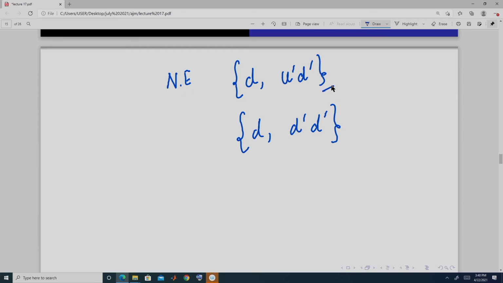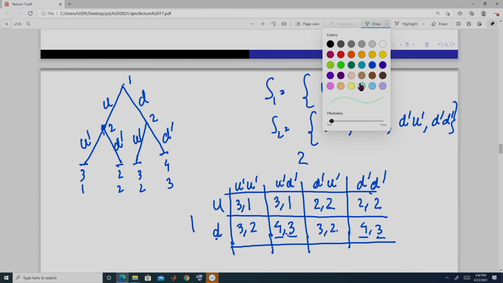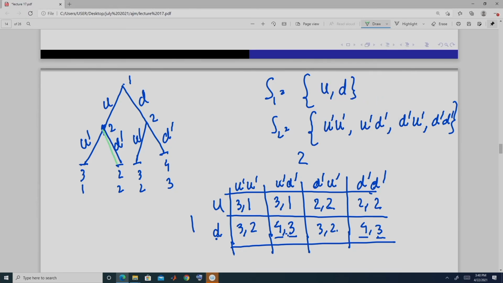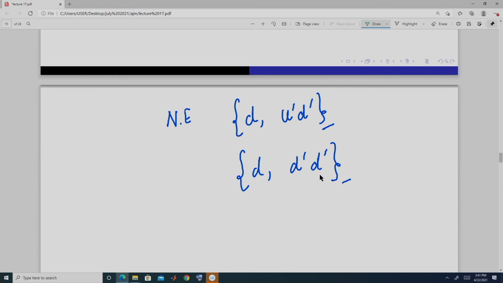Now, we have two pure strategy Nash equilibria. Now, we have to find out which is subgame perfect. If you look at this, here it is going to choose this, and here it is going to choose this, and player 2 finally chooses this. So, D'D'.